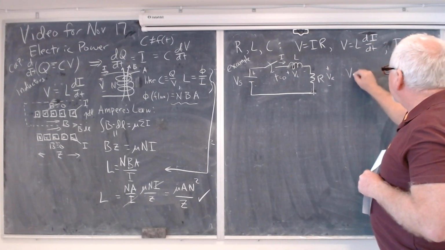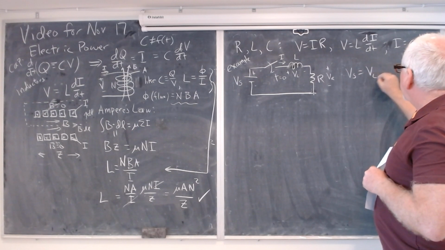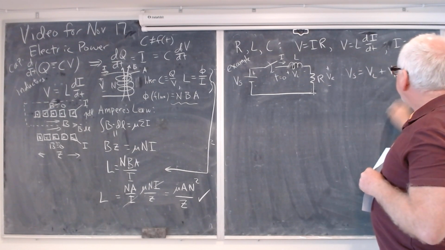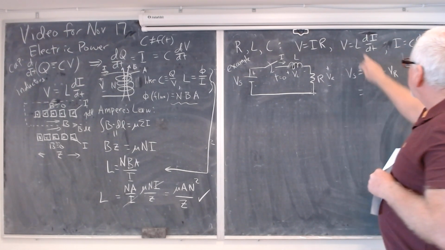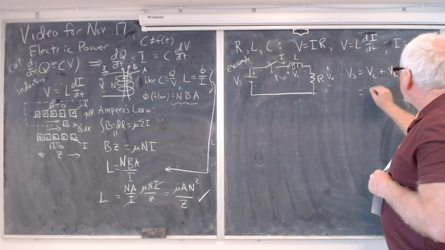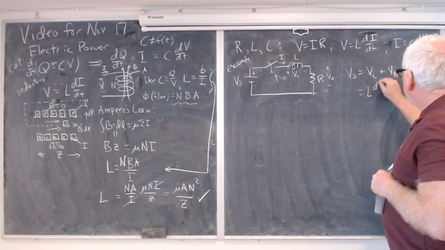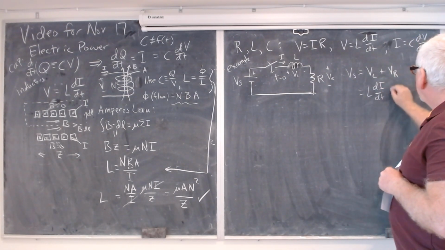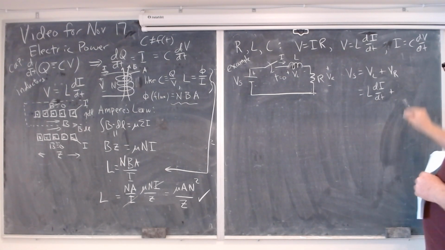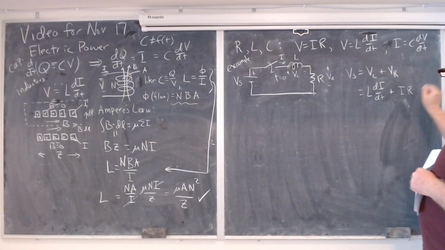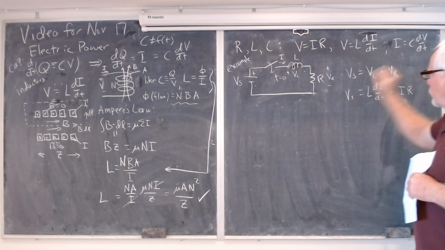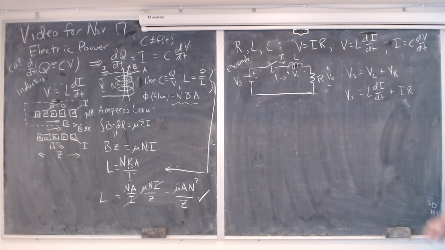So you write down that Vs is equal to VL plus VR. And we know that VL is equal to L di dt. We know that VR is equal to IR. And so now we have an equation with only one variable, I.